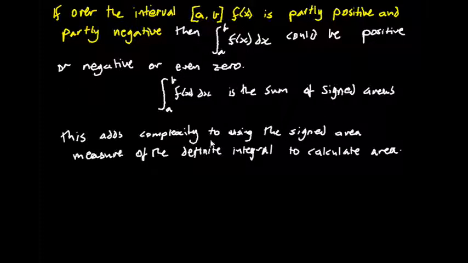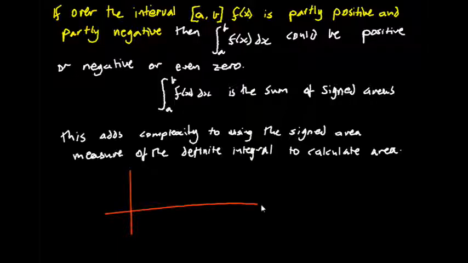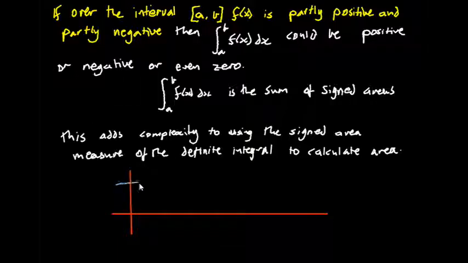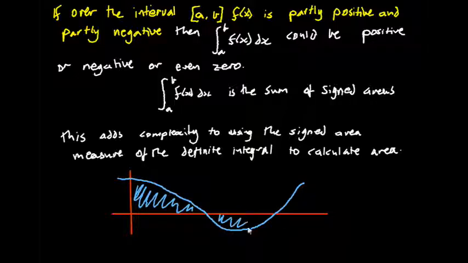The other option is where it's partly positive and partly negative. So if I have a curve that is both above the x-axis and also below the x-axis, I'm going to have some positive values over here and some negative values over here.